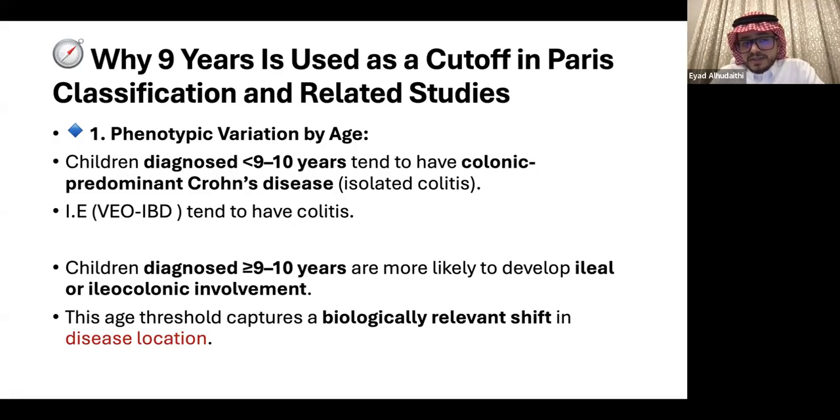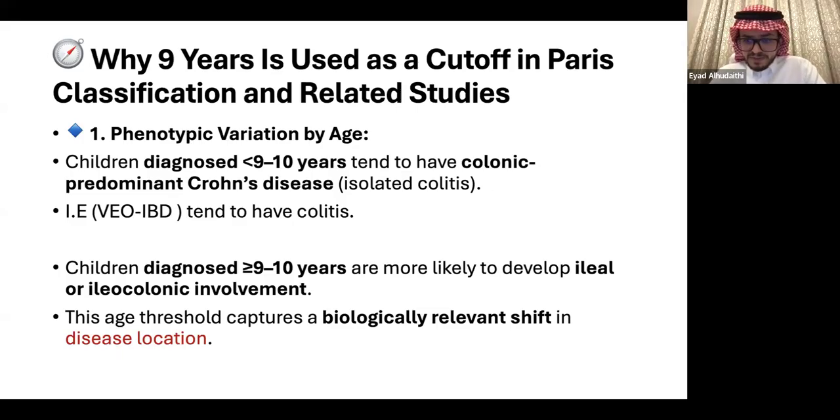If you have very early onset IBD, we know they tend to have colitis more than ileocolonic Crohn's disease. Children diagnosed at more than 9 are more likely to have ileal disease. So the age threshold captures a biologically relevant shift in disease location.